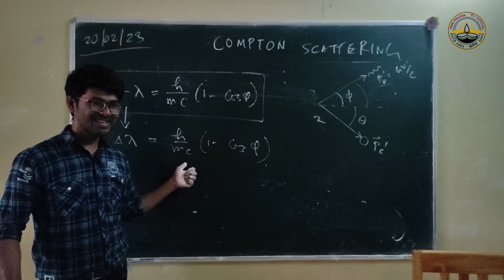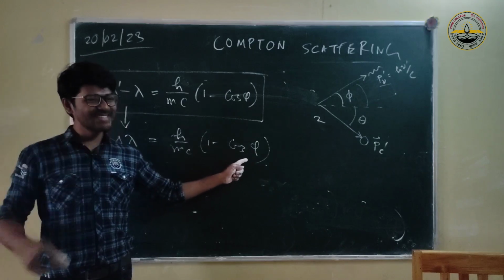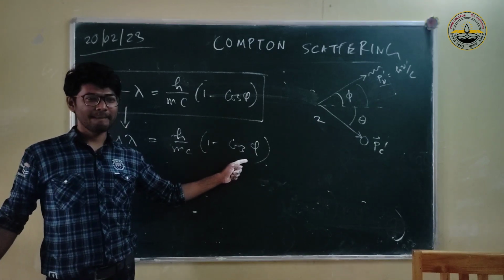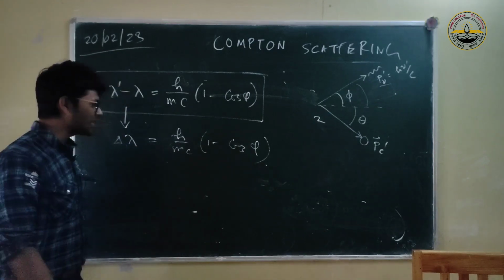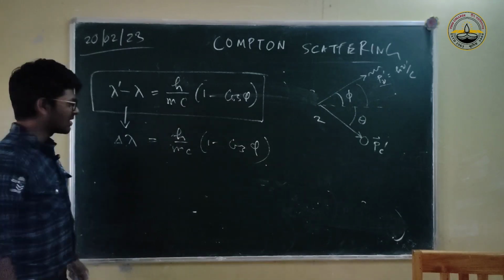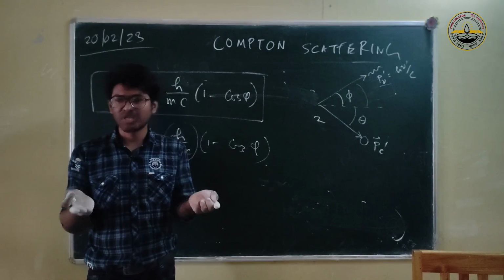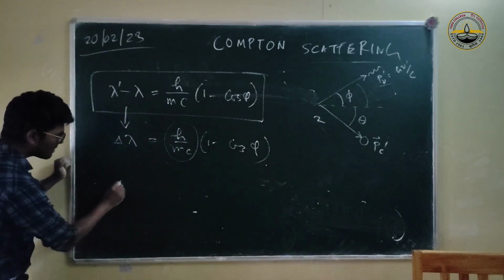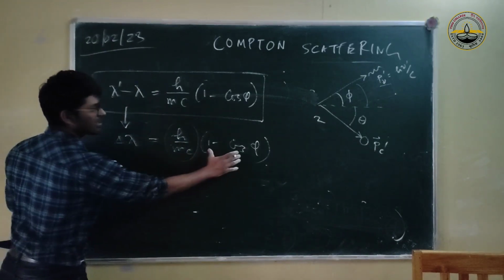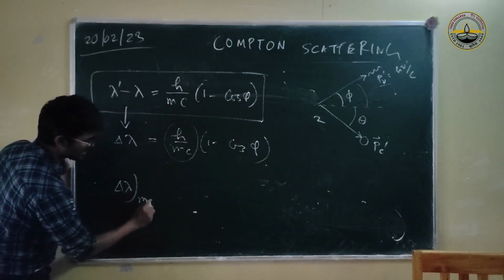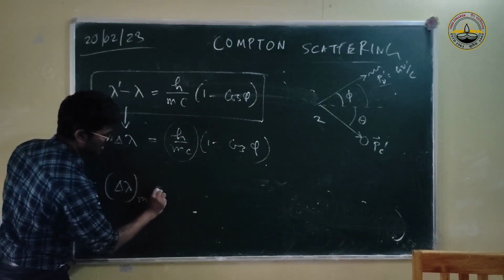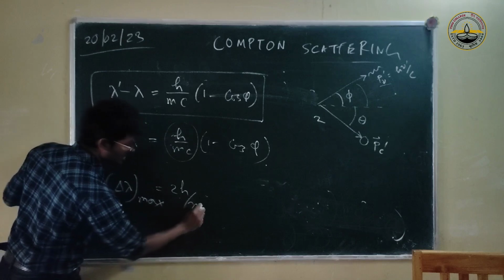Actually, no. When phi is 180 degrees, so 2h by mc. So this h by mc is kind of the measure of how much change there will be. The maximum delta lambda will be when this becomes 2, so it becomes 2h by mc.